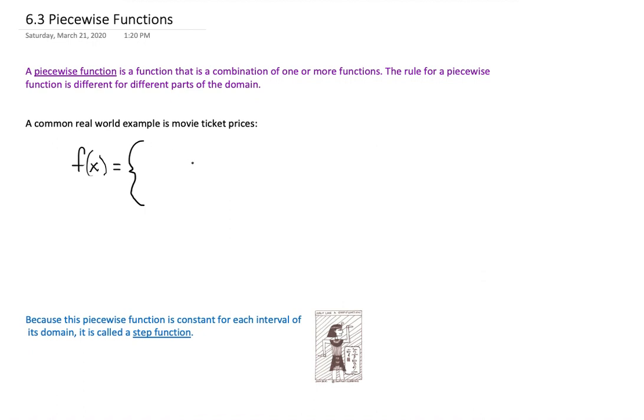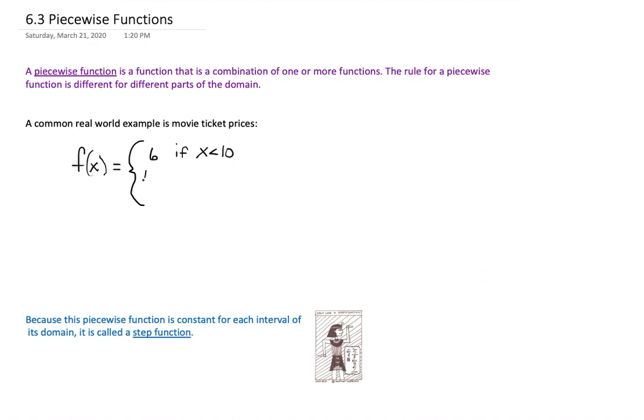Let's see. If you are under the age of 10, you're paying $6. So, 6 if x is less than 10. Now let's say you're between the ages of 10 and 60.